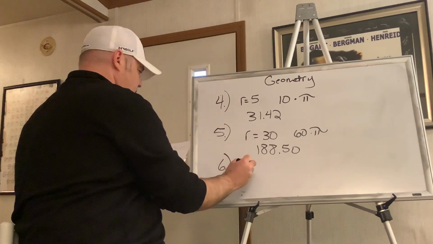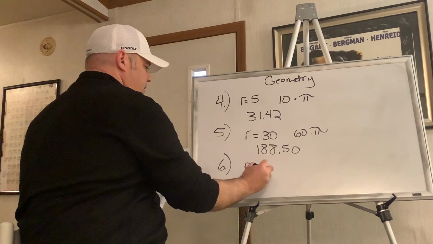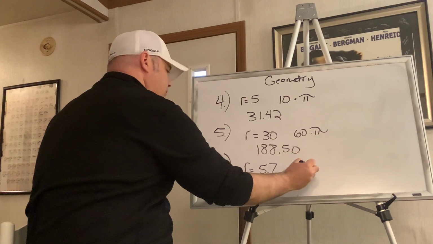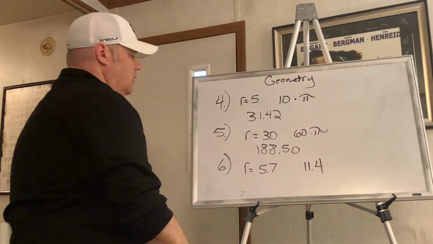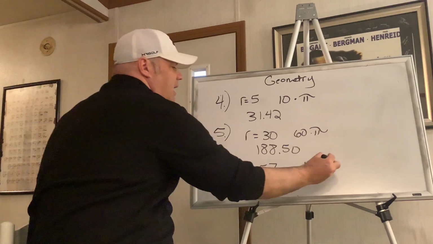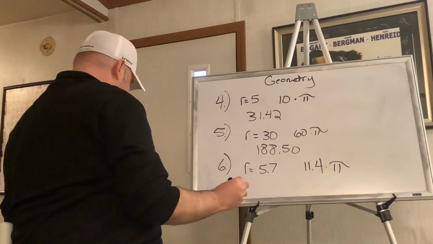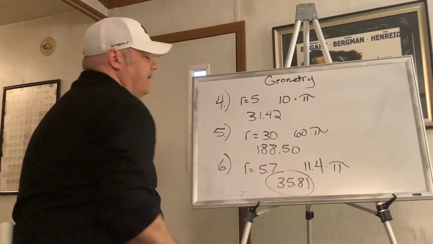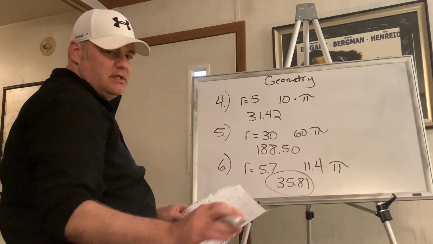And then the last one was a radius of 5.7, which should have been 11.4. Doubled times pi, and you get 35.81. All right, so that's doing circumference.